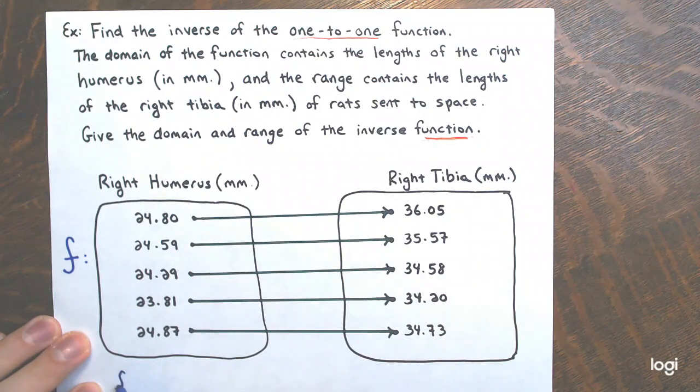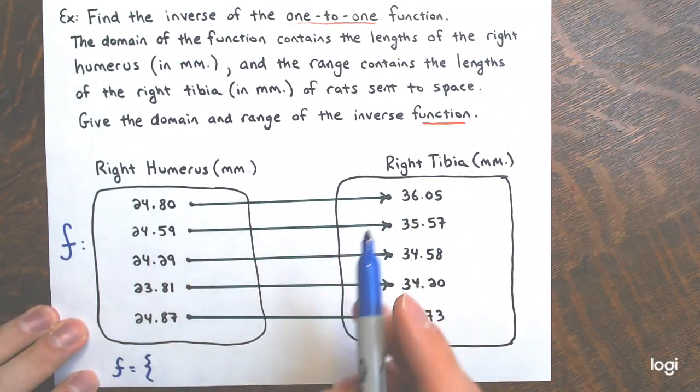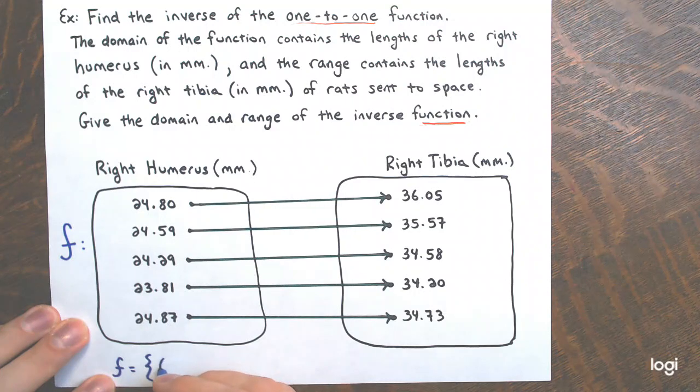We could also write this as a set of ordered pairs. Same function f here. One ordered pair, 24.80 corresponds to 36.05.